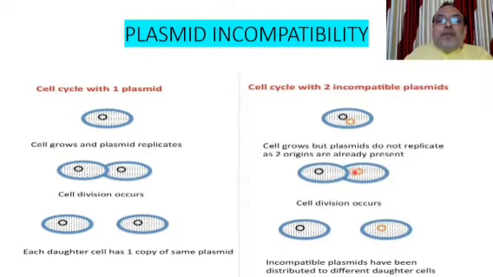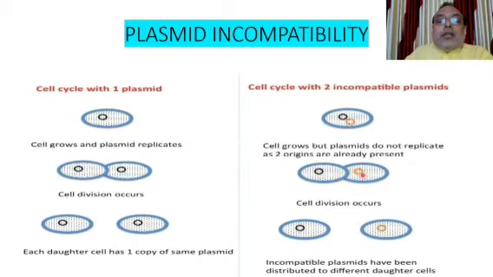So the cell is confused because the two plasmids have the same replication strategy. In that sense they are incompatible, because they adopt the same strategy of replication and their ori sites are similar, so the cell gets confused and their replication is not triggered.